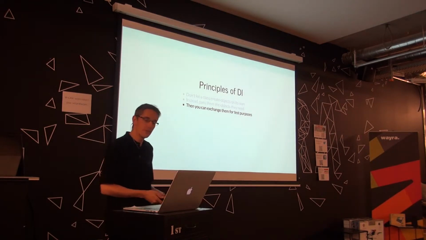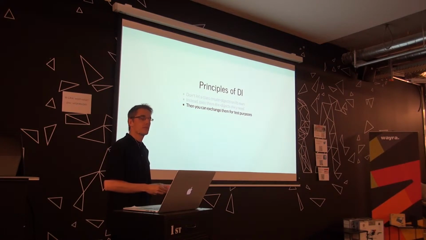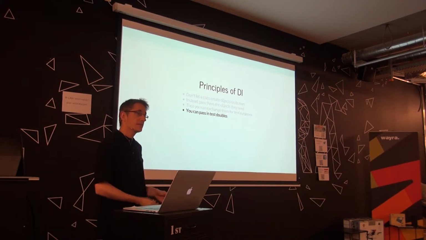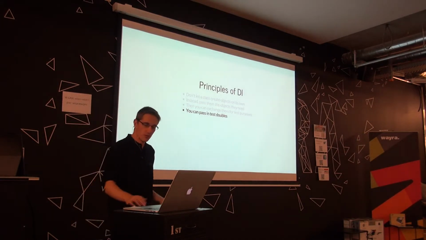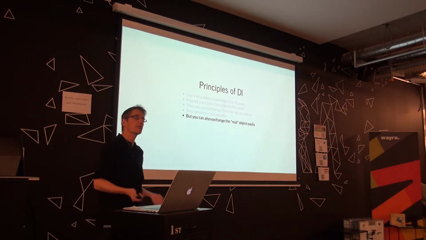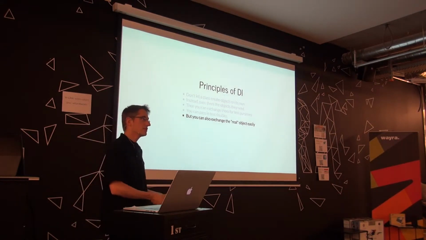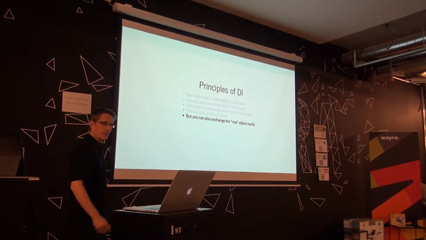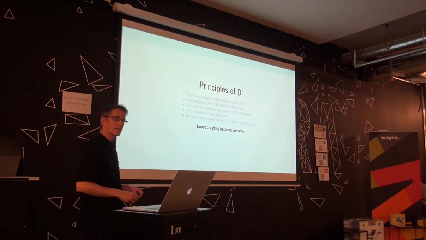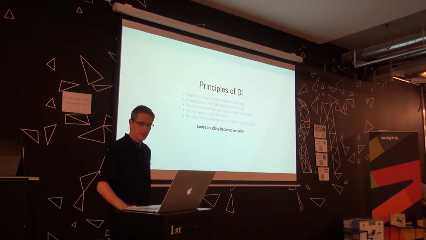So we can put in other objects where the placeholders for them are. So we can pass in test doubles for unit tests, for example. Or we can exchange real objects. So if we got an interface, we can easily exchange this implementation with another implementation this way. So all that dependency injection is about is loose coupling. So we're trying to bring loose coupling to life.